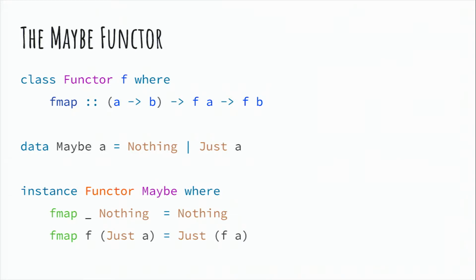And a functor is, actually we saw a functor because Maybe is a functor. And in practice, it just means that there's a function fmap for that type.